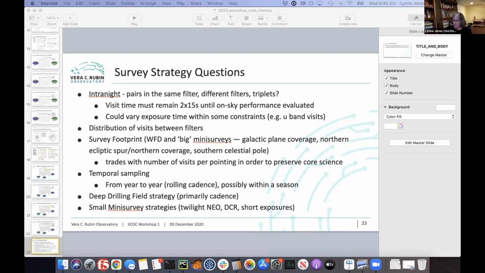So Meg had a question: when thinking about the rolling cadence, are there statistics or metrics looking at the on and off bands to look at number of visits per year? And as Peter said, we have some metrics that look at this.